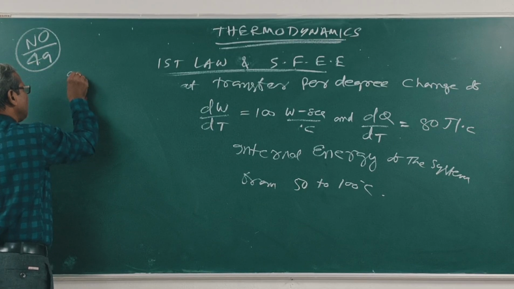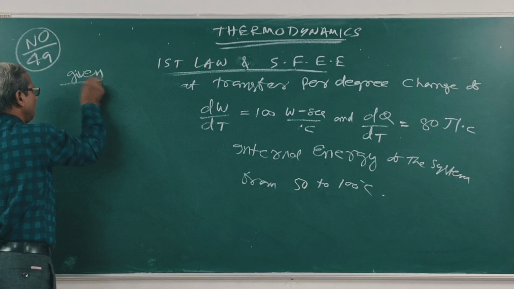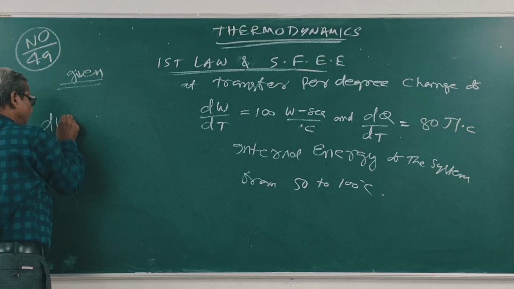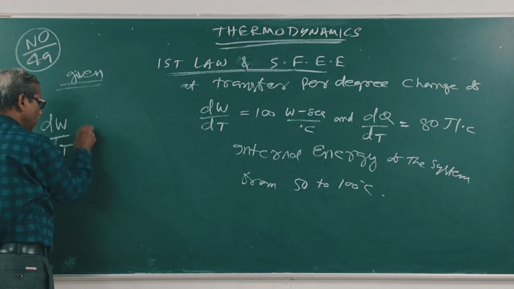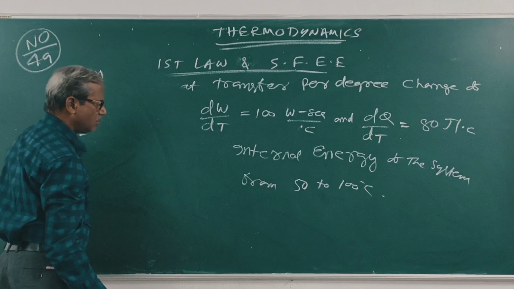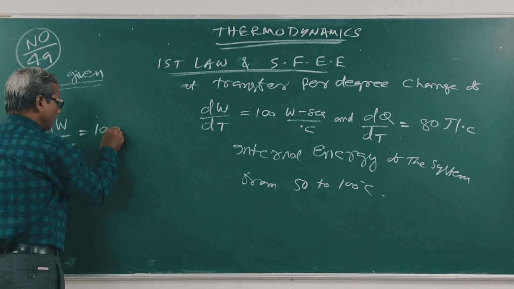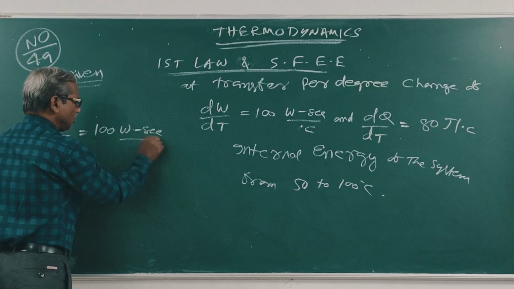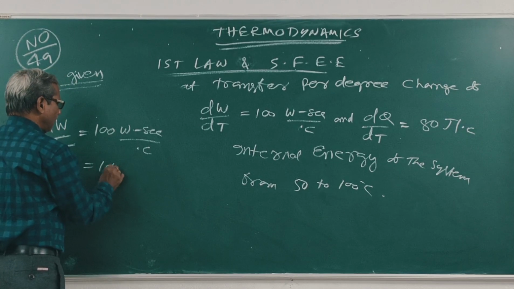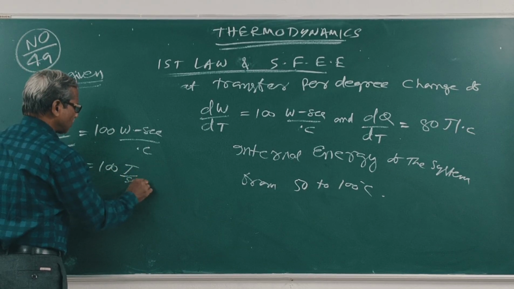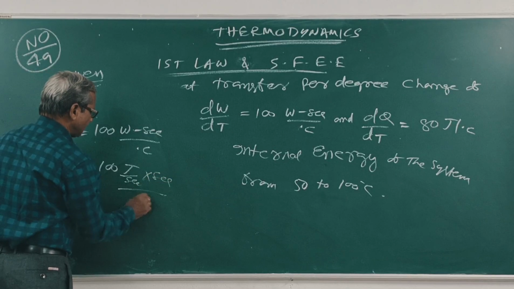Given dW/dT is equal to 100 watt second per degree centigrade. What is watt second? 100 watt means joule per second, times second per centigrade.